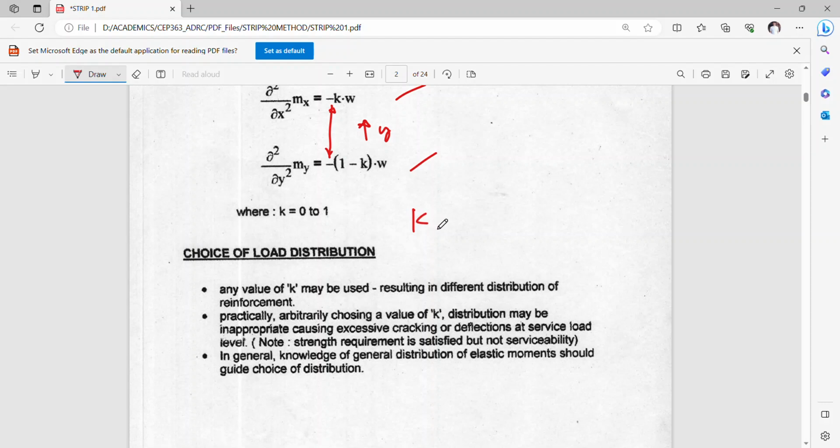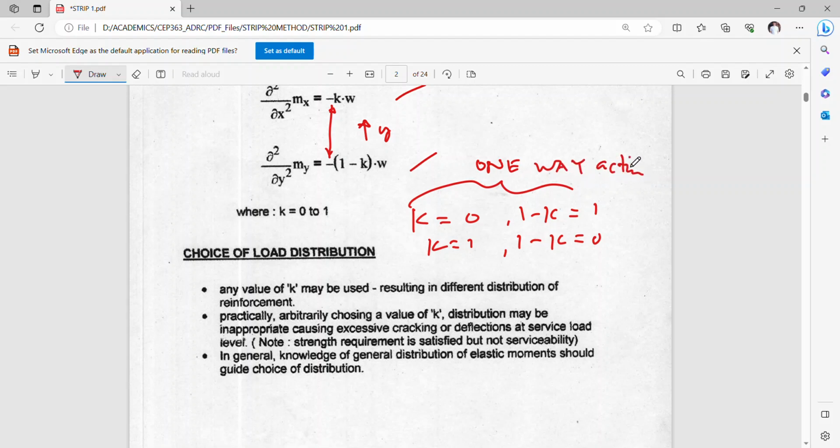If k is 0 and 1 minus k is 1, or k equals 1 and 1 minus k is 0, then we're talking simply of a one-way action. Of course, a one-way action has some criteria to be satisfied based on different principles, an example of which are the ACI methods that we have discussed previously.